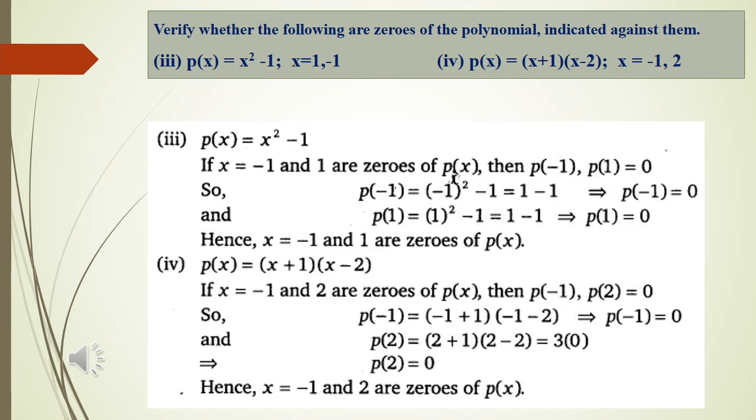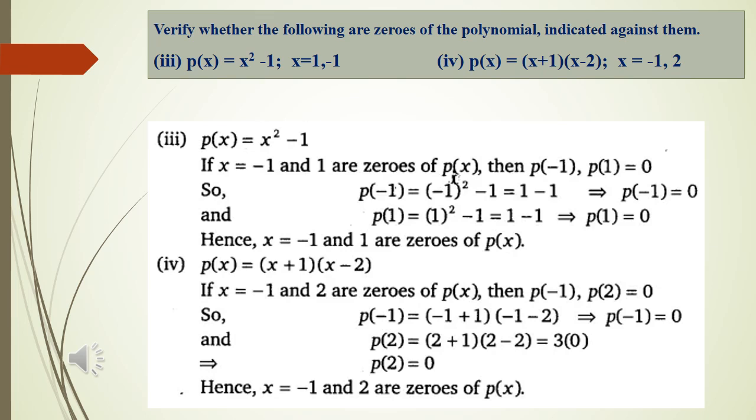We start from 1. So, p of 1 is equal to 1 square minus 1. And 1 square minus 1 we simplify. We will have 1 minus 1. At last the result is 0. So, we can say 1 is the 0 of the given polynomial x square minus 1.